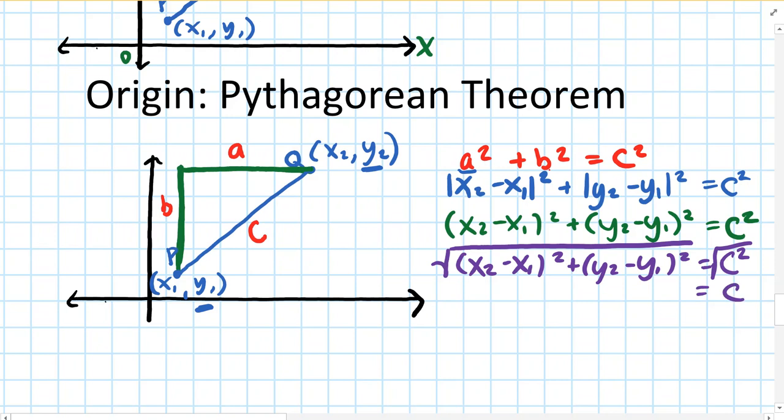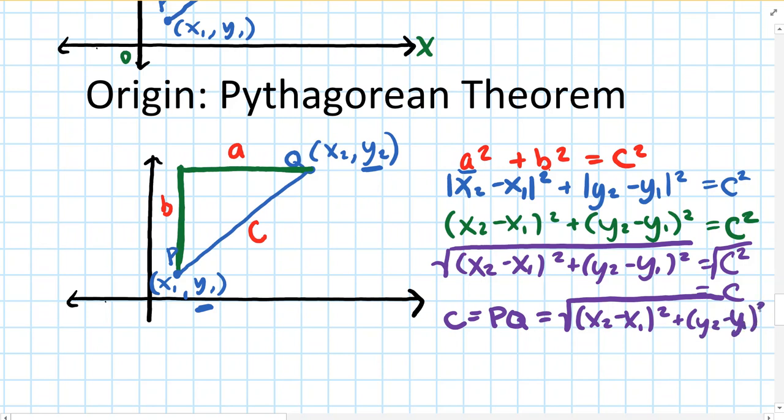So now I've got the c, or the distance, between these 2 points, so we could call this also PQ, is equal to the square root of x2 minus x1 squared plus y2 minus y1 squared.